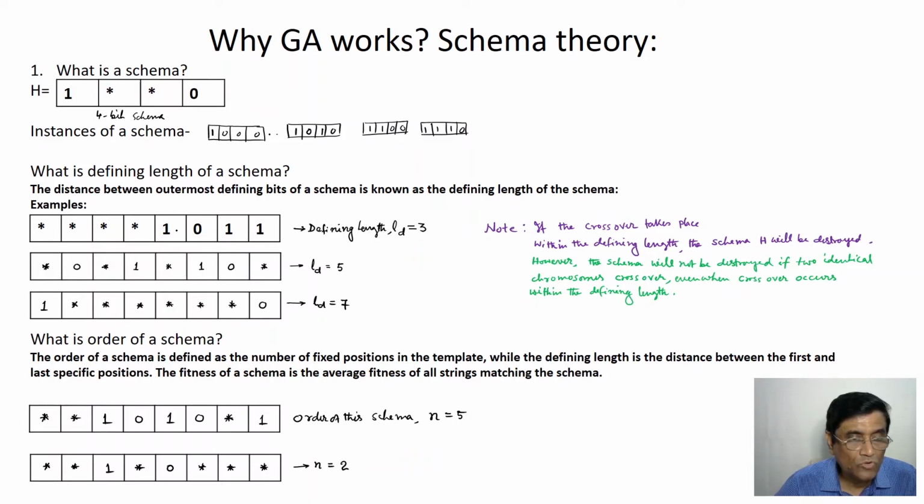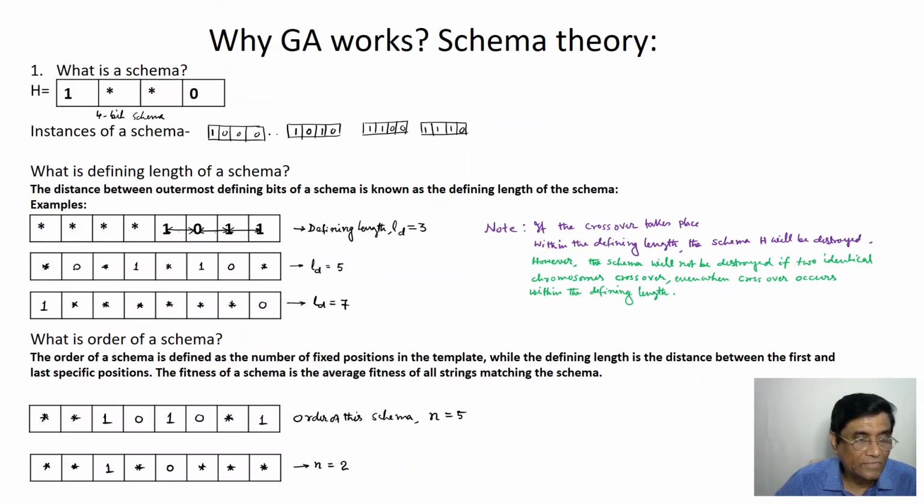So the outermost defining bits, the distance. Okay, so this is the distance, 1, 2, 3. So the distance between the outermost defining bits is 3. So LD, that is defining length, will be equal to 3.